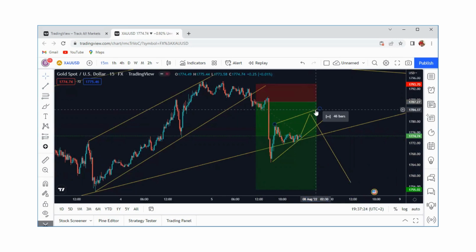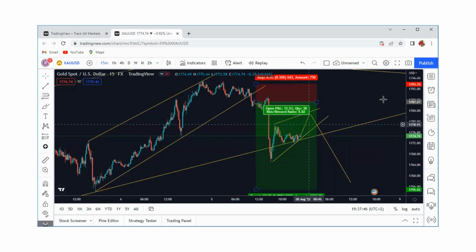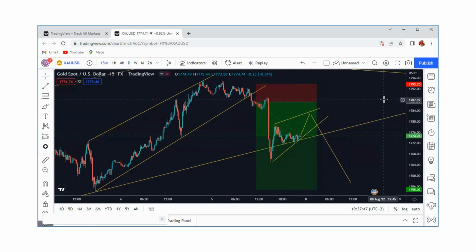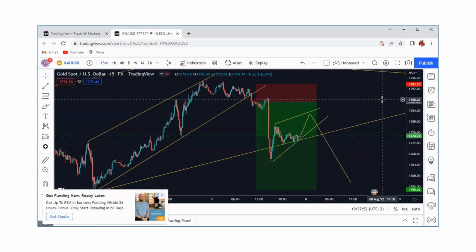So then I know that, sorry, if the market comes here, obviously it will take me out because I locked in my profits. Then I will wait for another entry if it does something like this. Even if it takes me out, I'll already be in profit, but I'll look for another entry again.